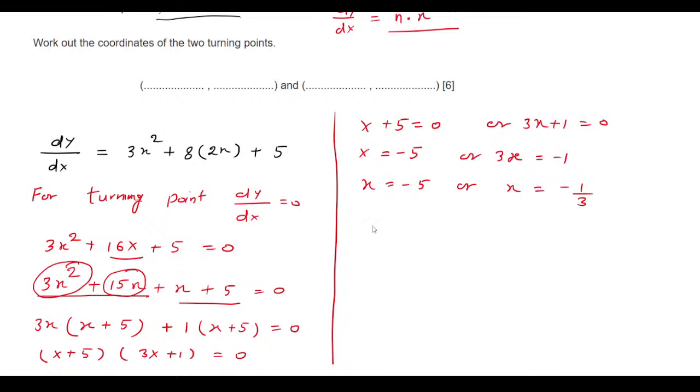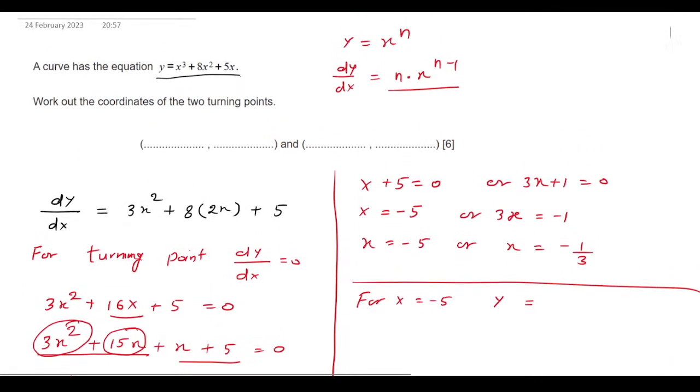Now for x as minus 5, I can find out the value of y. To get the value of y, we will use the equation of the curve, which is x cubed. So here it will be minus 5 cubed plus 8 times minus 5 squared plus 5 times minus 5.